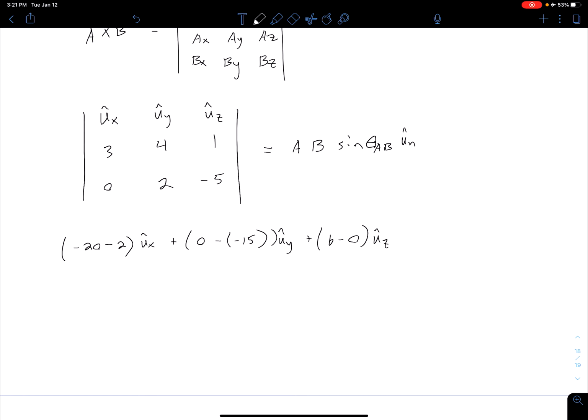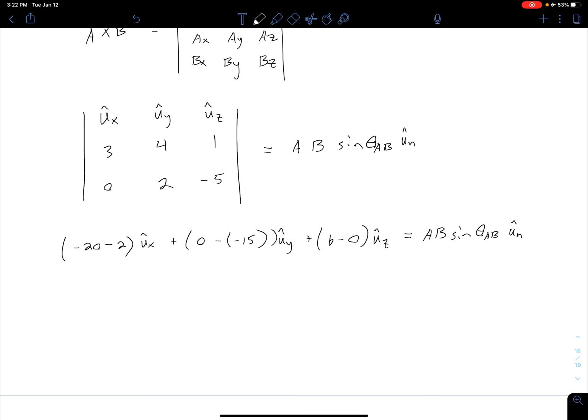I switched things up a little bit on how I evaluated this middle term compared to the previous video. If you have questions about that or 3 by 3 determinants in general, please feel free to ask me and I'll be happy to help. So that's how we evaluate that 3 by 3 determinant. We now set that equal to our AB sine of theta AB times unit vector u sub n.